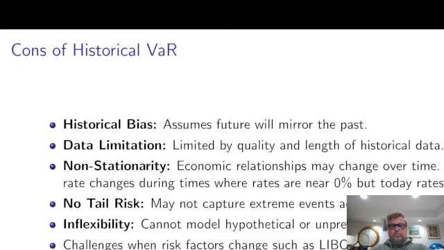So things do change, and therefore you need to be careful with historical VaR, and you need to take these changes into account, or at least be aware of it. There's no tail risk, except if the tail risk is really in the historical time series, but often it's not.